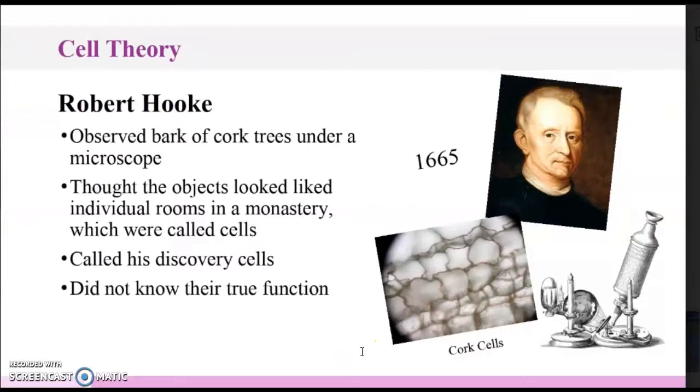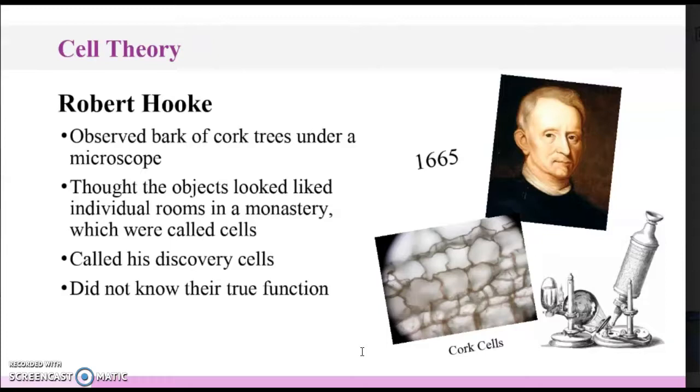I'm going to just go briefly into this. I find it really interesting to know kind of the history. Robert Hooke in 1665 looked at cork trees using a microscope. And essentially he came up with this whole idea of a cell, that it looked almost like a prison cell, where things were divided up into these smaller structures.